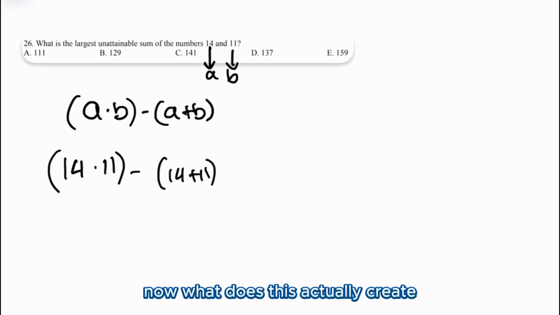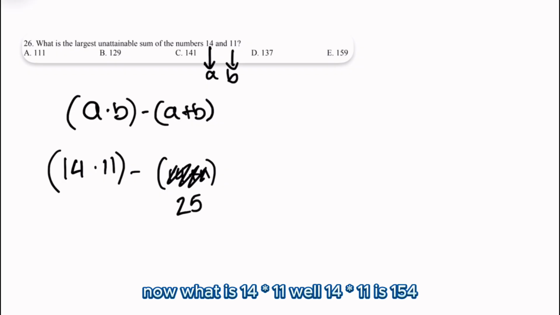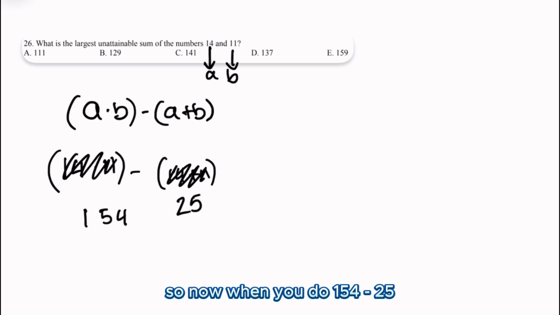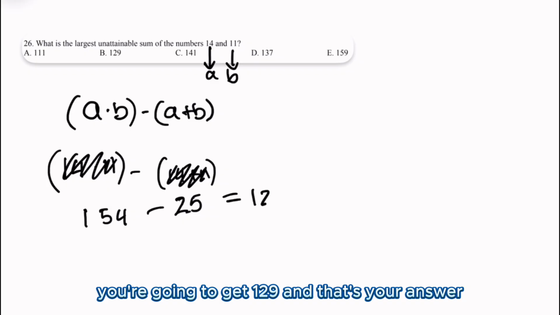Now, what does this actually create? Well, let's start with the easy one. 14 plus 11, that's 25. Now, what is 14 times 11? Well, 14 times 11 is 154. So now when you do 154 minus 25, you're going to get 129, and that's your answer.